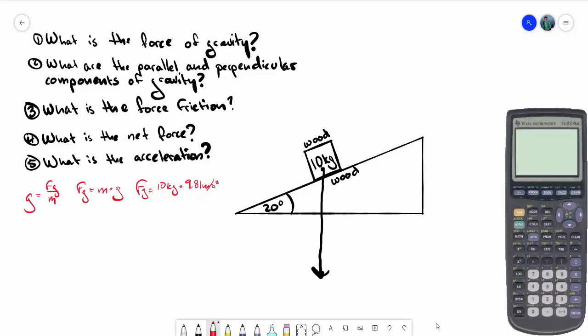That means that the force of gravity is equal to 98.1 newtons. Okay, so that's part one.